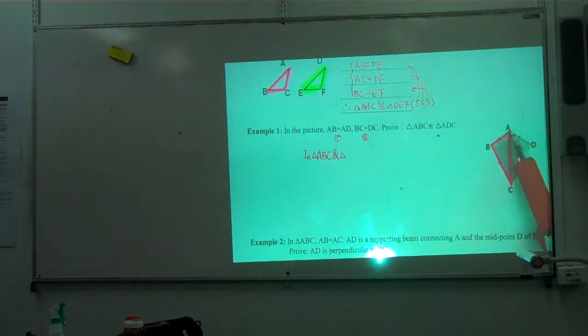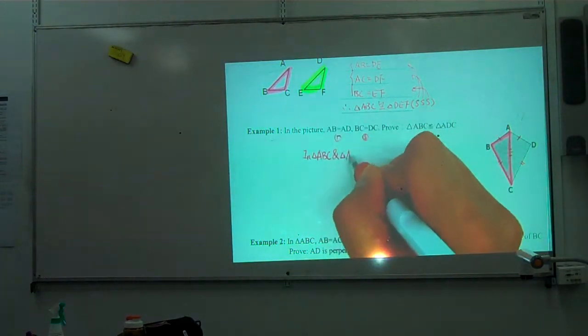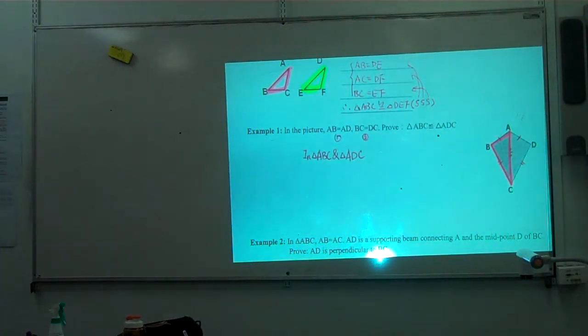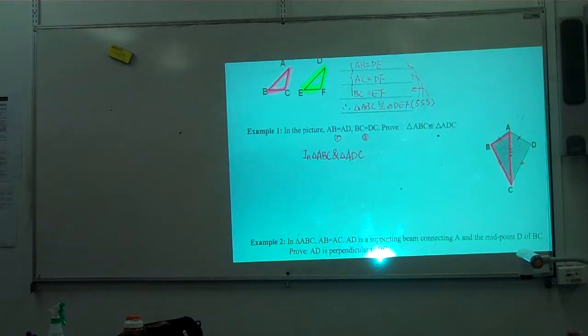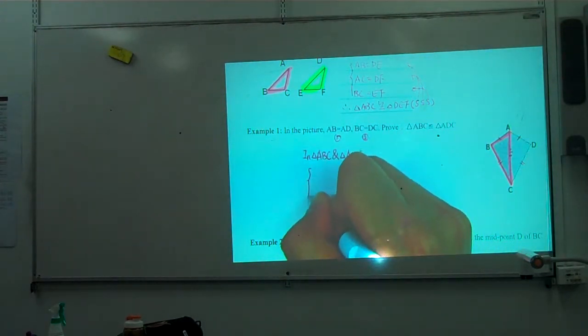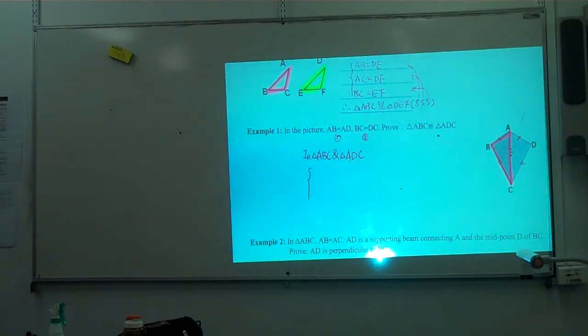A covers A, B covers D, C covers C. So ADC. Okay, finish. This is the introduction. I will tell people I'm going to do something with these two triangles. Don't forget this. This makes your writing look professional.